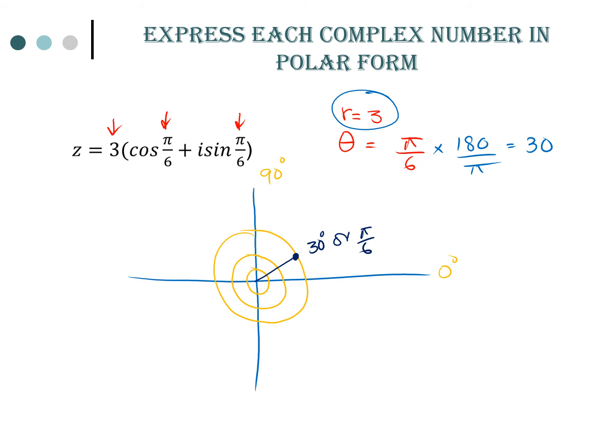Now if they ask you to convert this polar form into rectangular form also, what you are going to do is open the bracket by using the distributive property. You will write 3 cosine pi over 6 plus iota 3 sine pi over 6, means you will multiply the 3 inside the brackets.